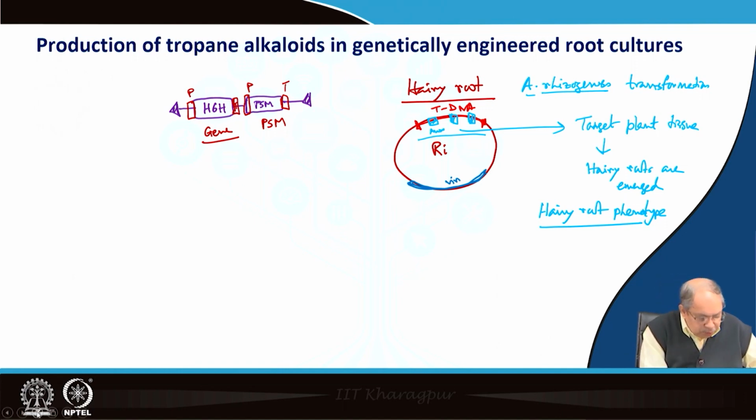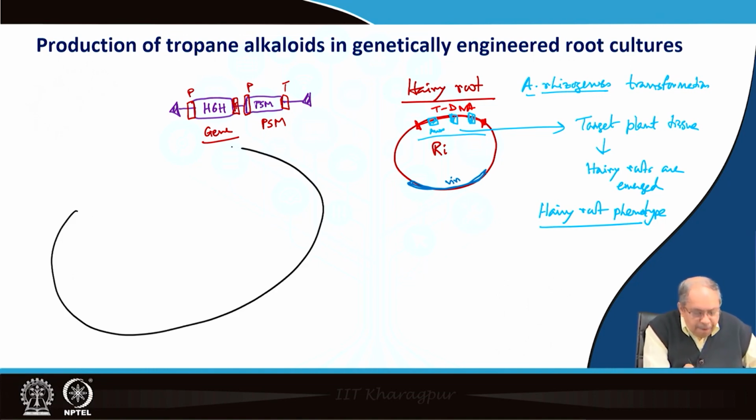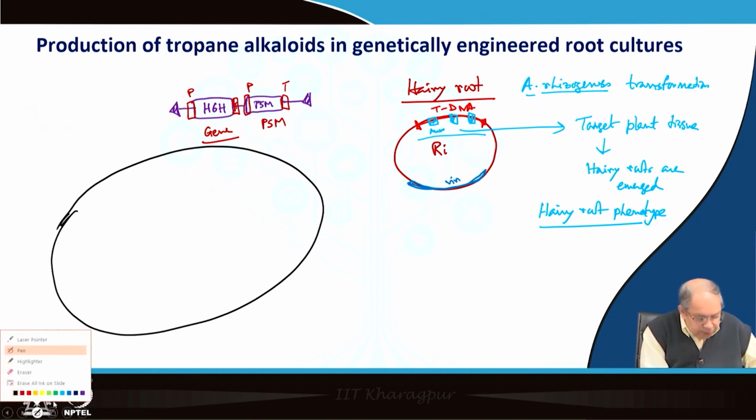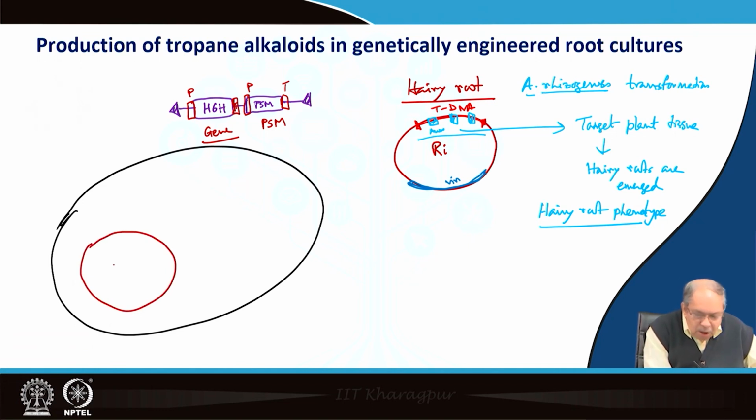So, now let us see, this is the Agrobacterium rhizogenes. It has its RI plasmid, what I have drawn here on the right side.